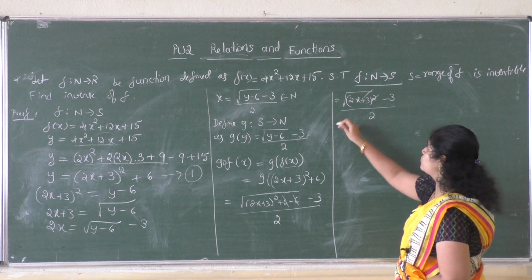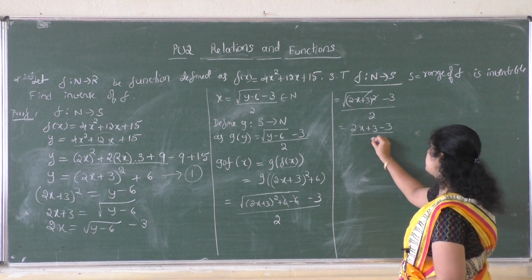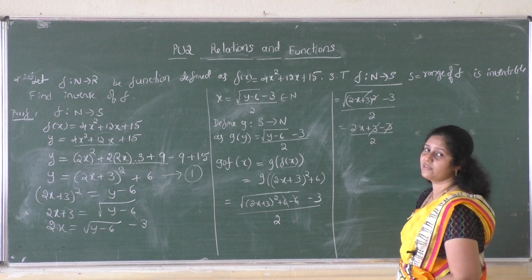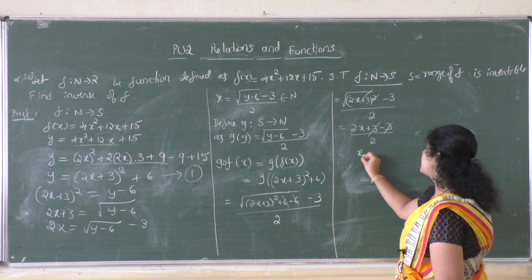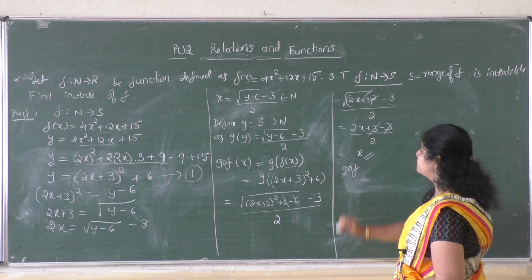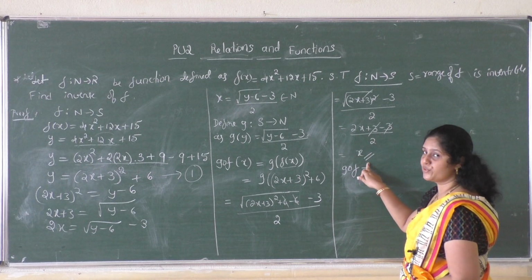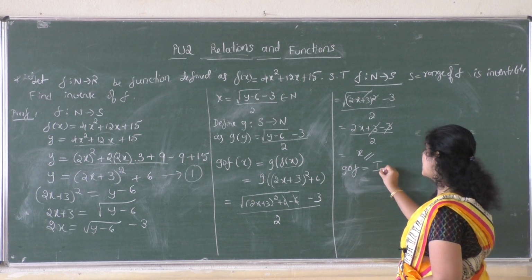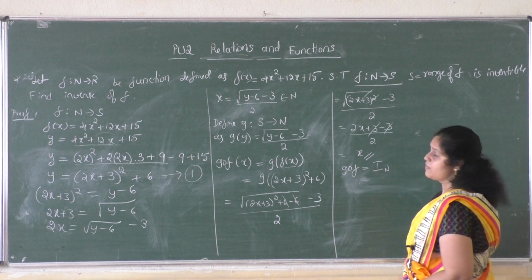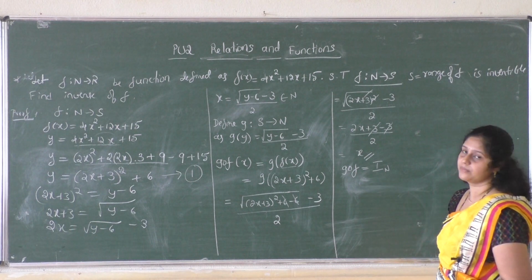Okay, square and square root will get cancelled. That is 2x plus 3 minus 3 divided by 2, plus 3 and minus 3 will get cancelled. So we can write x. That means g of f of x is equal to x, which means g of f is the identity function.